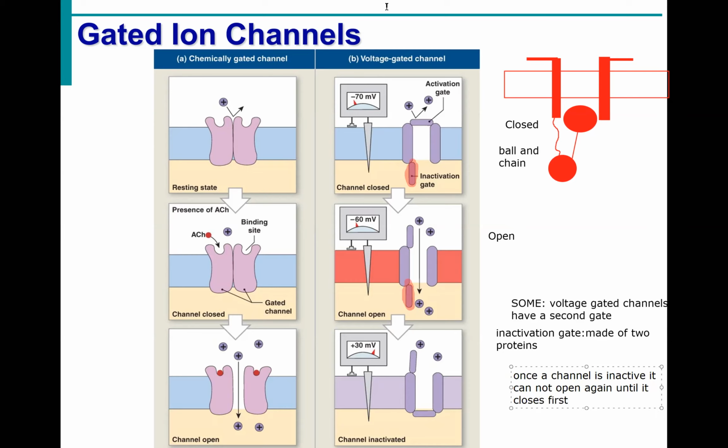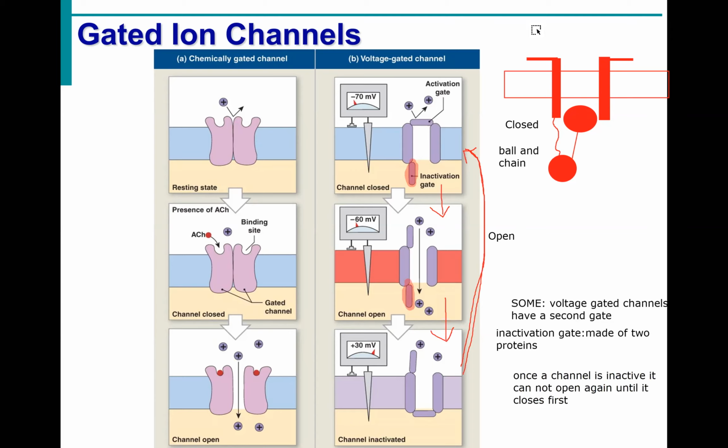What that means is that once it is inactive, that channel has to close first. And once it closes, then it can open. And once it opens, it's going to inactivate. And then once it's inactive, it has to close again before it can open.